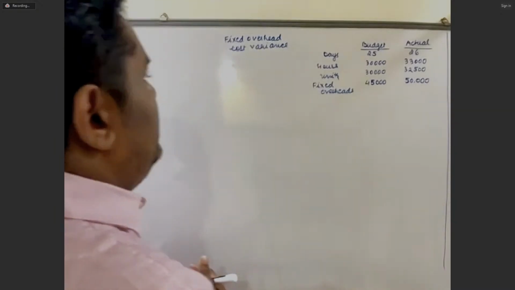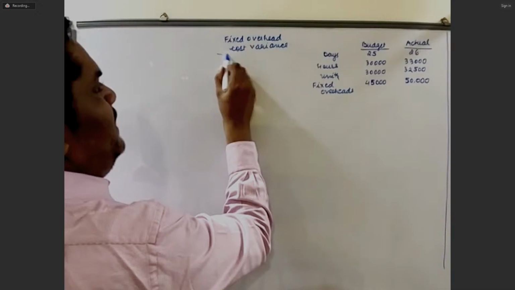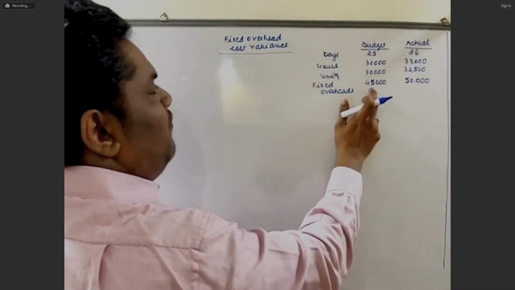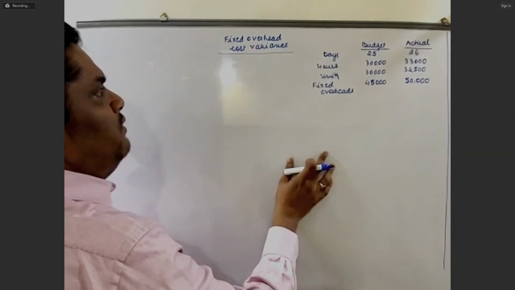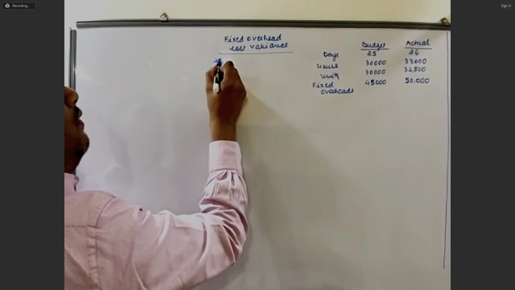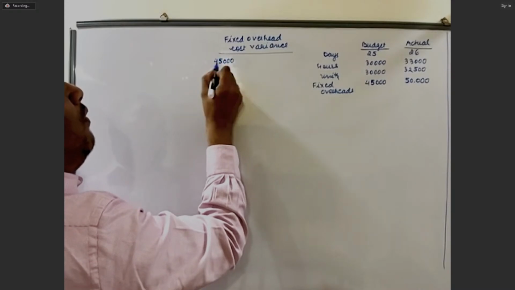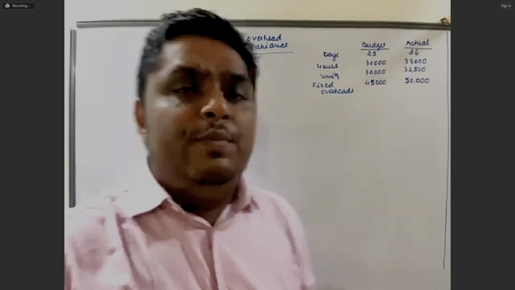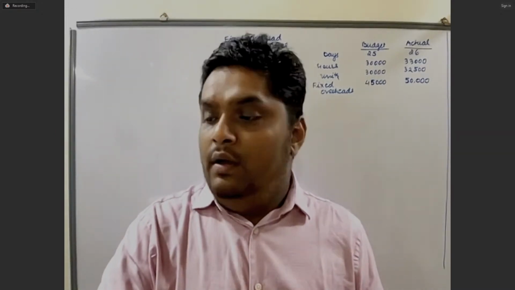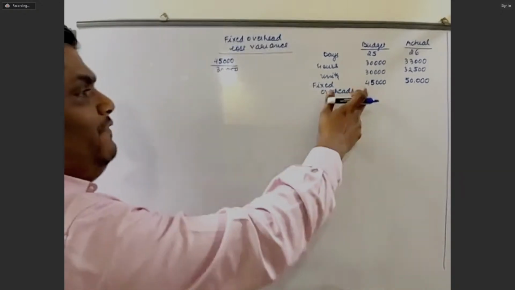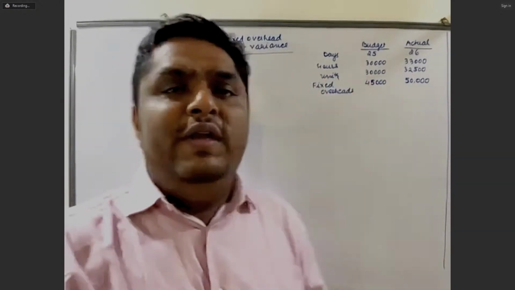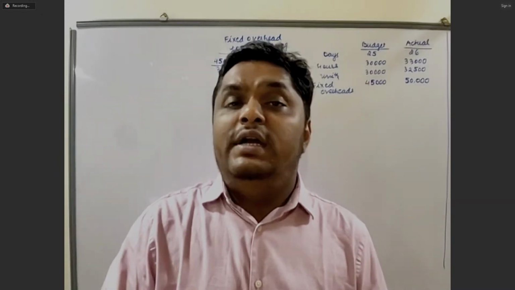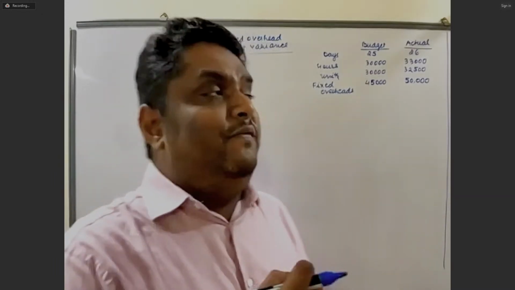So how to calculate the under or over absorption of overhead? It's very simple. 45,000 overheads for 30,000 units. So what will be my absorption rate? 1.5 per unit. I repeat again, 45,000 overheads for 30,000 units. So 45,000 divided by 30,000, it's 1.5. So my predetermined rate is 1.5.